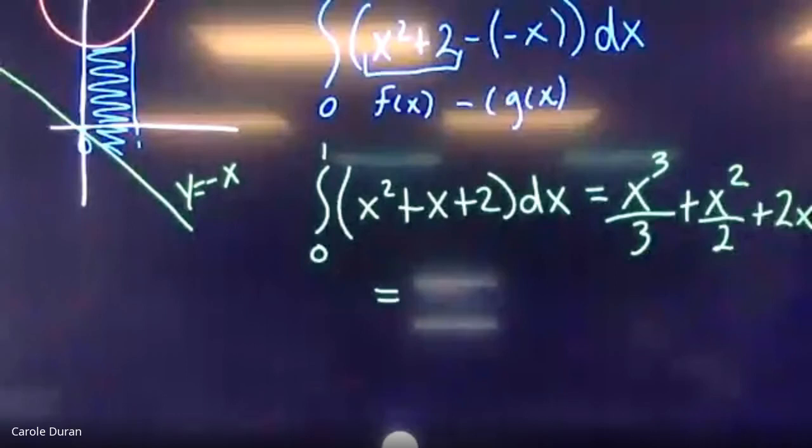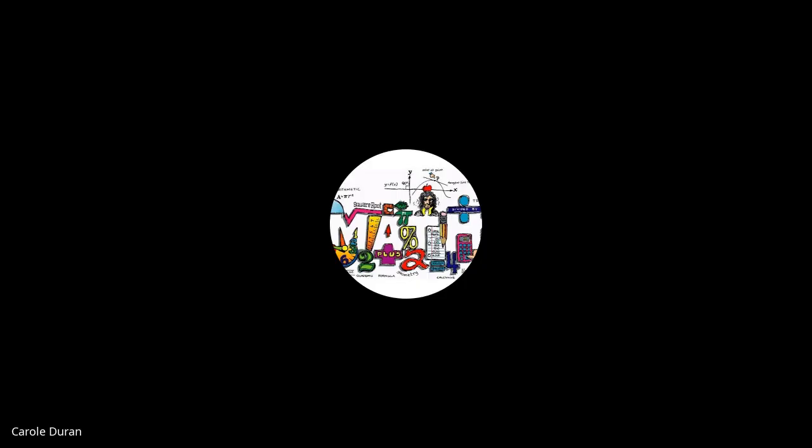Oh, it'd be 17 over 6. That's what it was. I just wrote it wrong on my notes. Which is what decimal? 2.83.